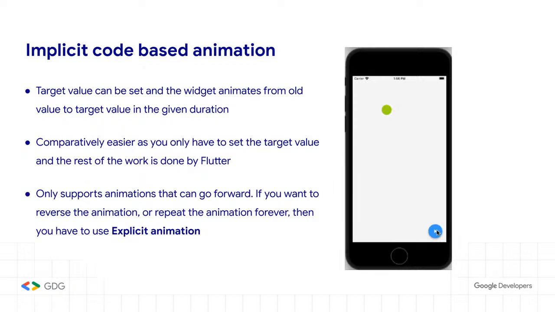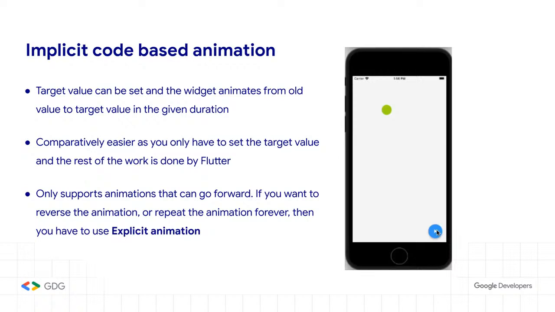So implicit animation is where, like I said, you start from a starting state and you have a target value. From the starting state to the target value, the animation will appear over a certain duration. This type of animation is comparatively easier because you only have to tell what the target value is. You don't have to tell how the animation needs to be performed.